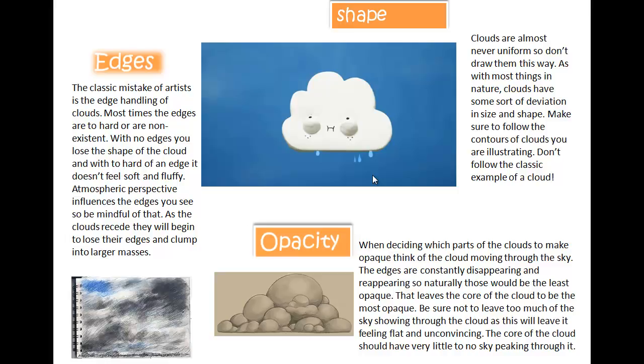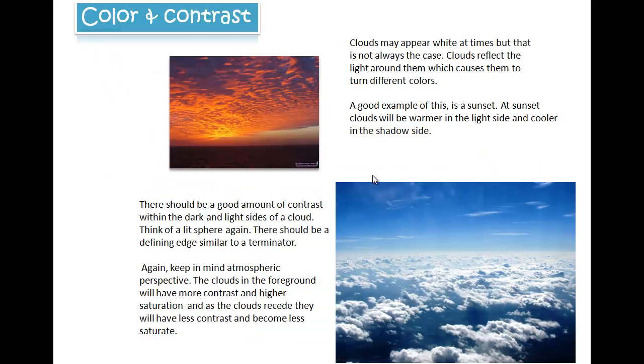If the clouds aren't opaque enough, they'll feel flat. They won't feel dimensional. So make sure that some of the sky is peeking through them, but not peeking through the whole entire thing. Strike a balance.